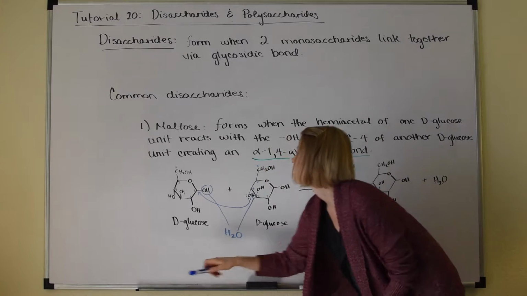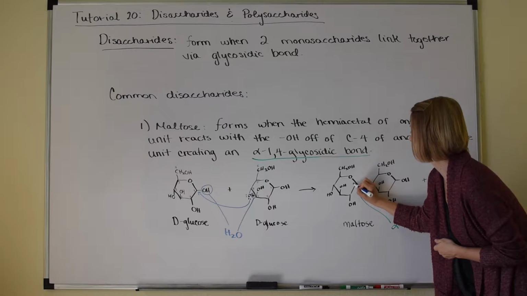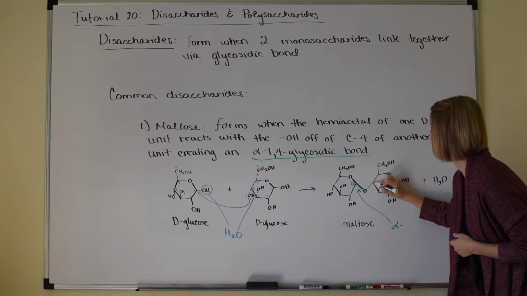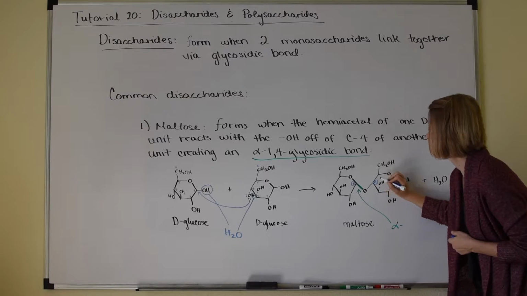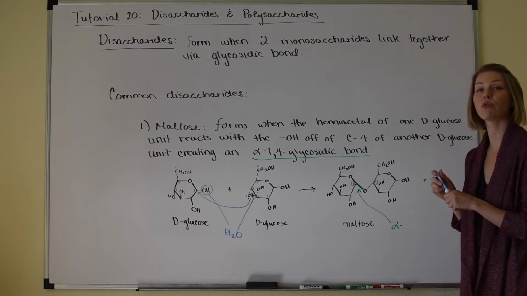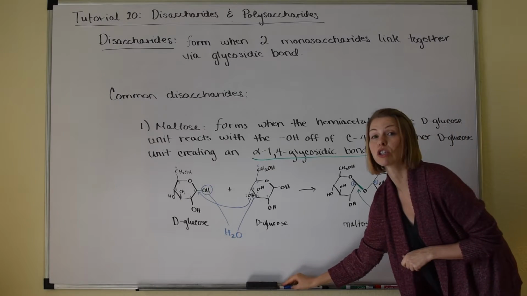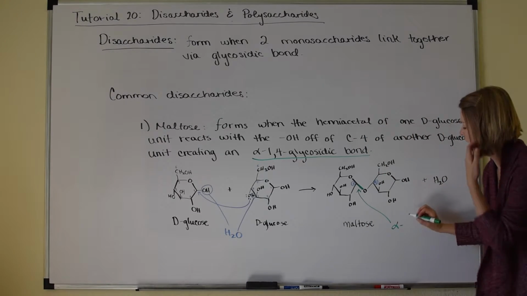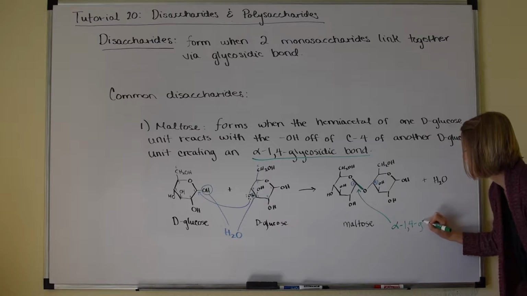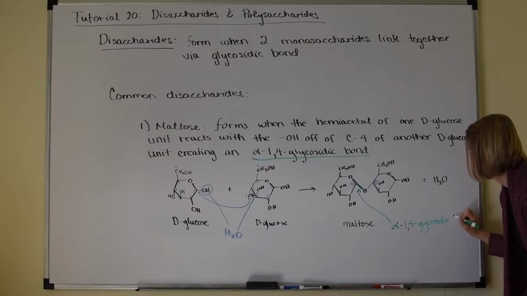And remember that we're connecting carbon 1 from this first D-glucose unit to carbon 4 of the other D-glucose unit, because it reacted with the alcohol off of carbon 4, and that's what makes it an alpha 1,4 glycosidic bond.